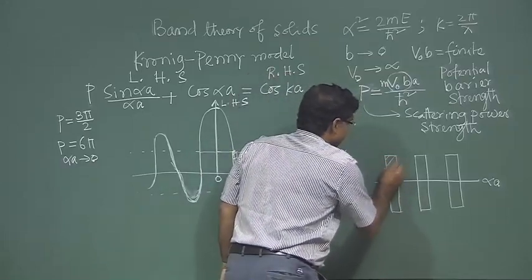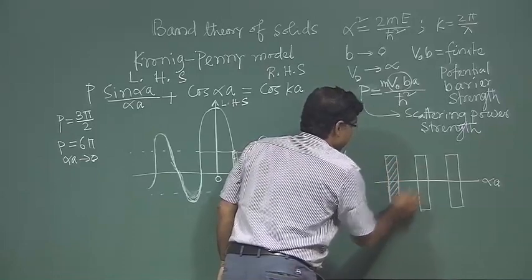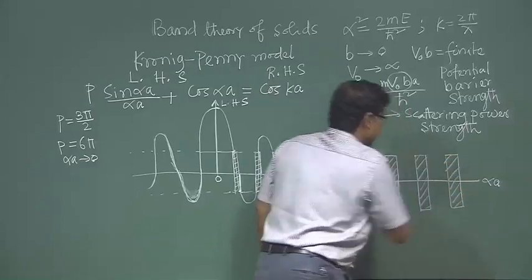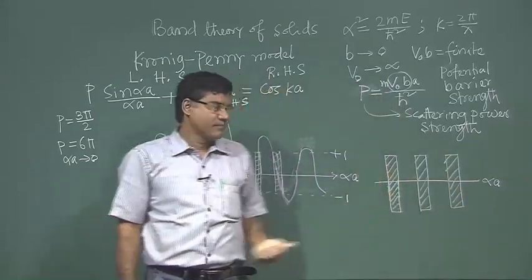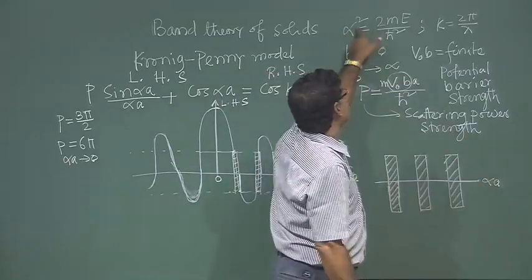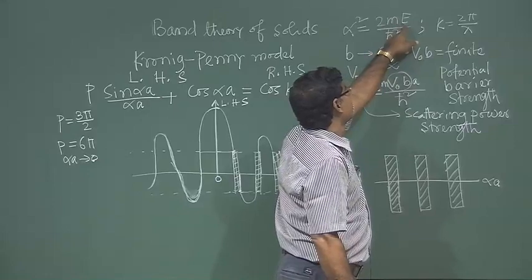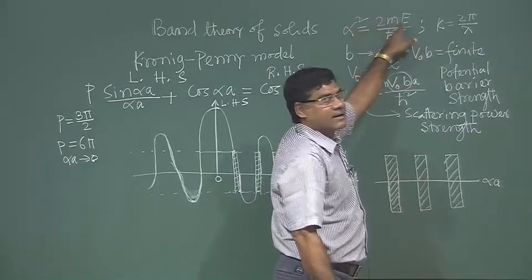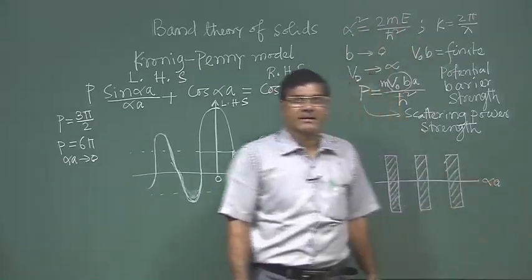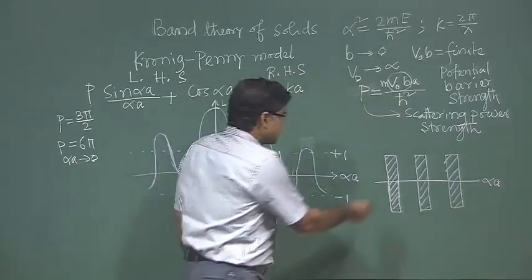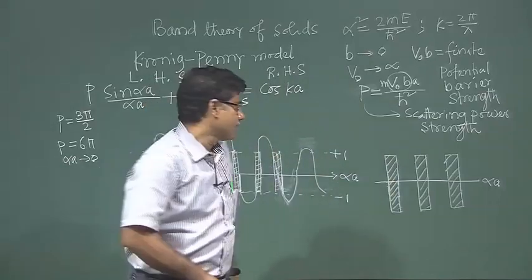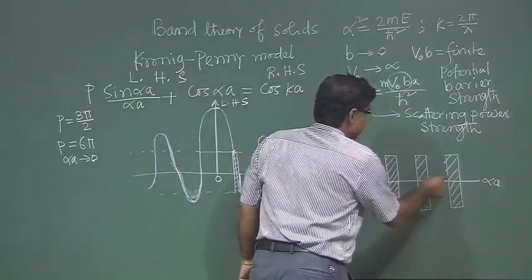So, this type of allowed region. We call this an energy region, because alpha depends on energy. This axis is basically the energy axis, and this energy is allowed for an electron in a crystal, and these regions are not allowed.